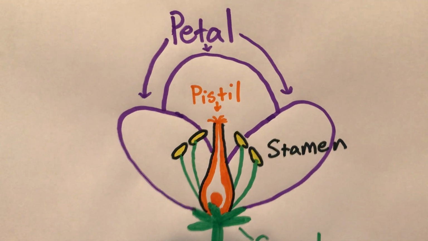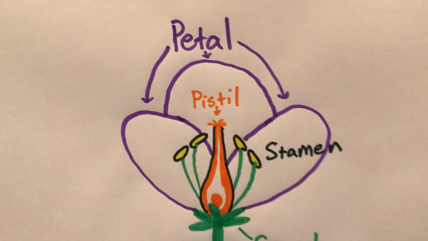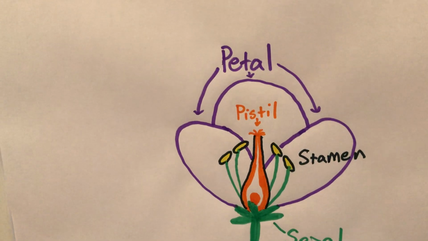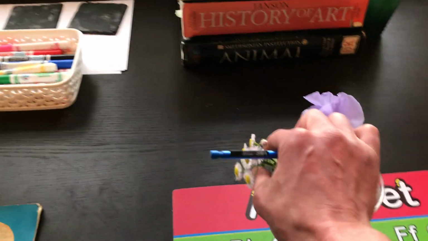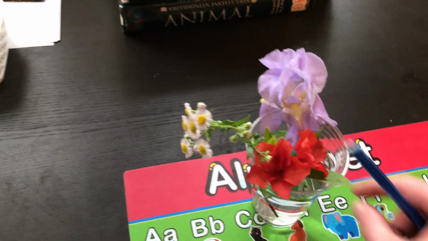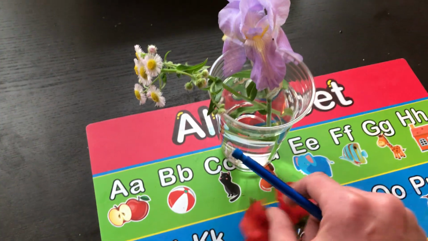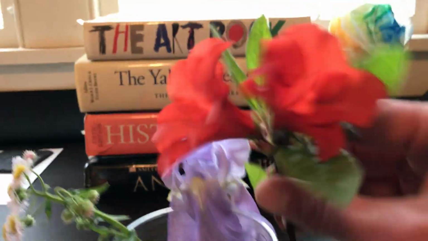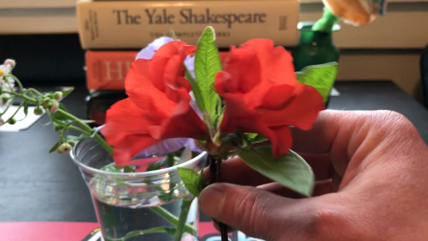So let's go over here to some flowers that I picked, and let's see if we can find these different parts on some actual flowers. Okay? Why don't we start with the azalea? We helped press some azaleas earlier in the week. Nice pretty azaleas.